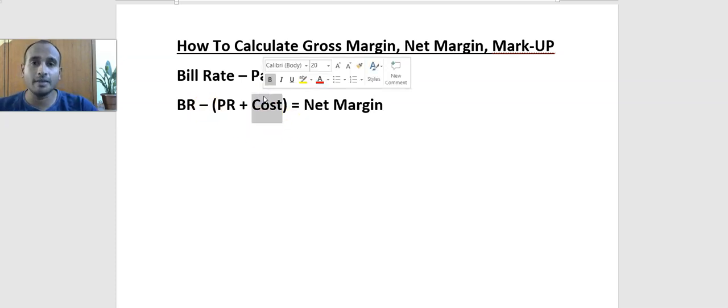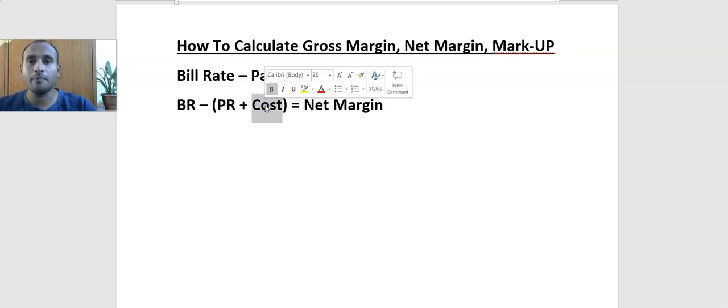Cost is nothing but the admin charges, your employment tax, or some kind of charges that recruiting companies have to incur if they are onboarding a candidate. Let's say you may have VMS charges and so many things. Now this cost could be different for placing a W2 candidate and placing a corp to corp candidate.